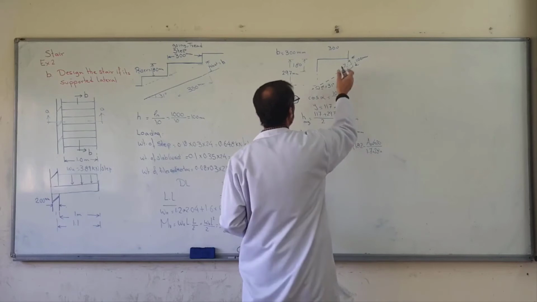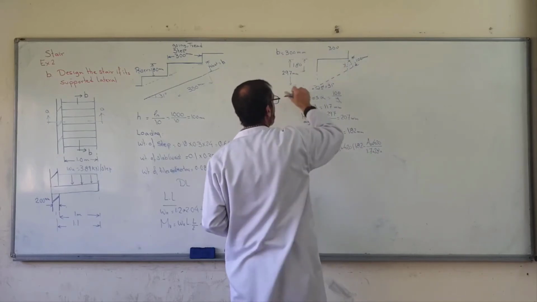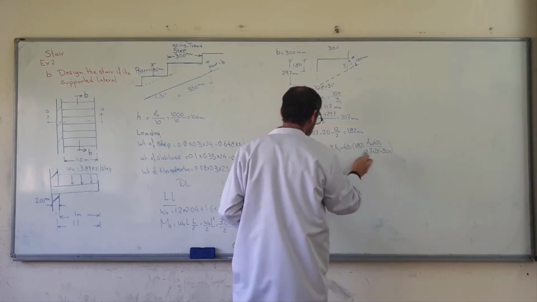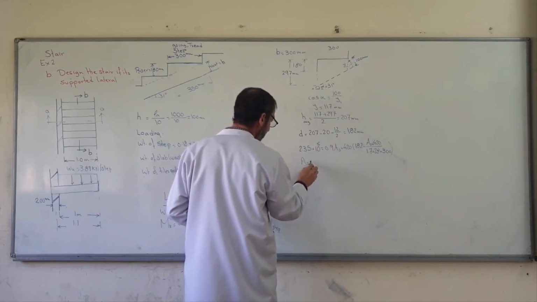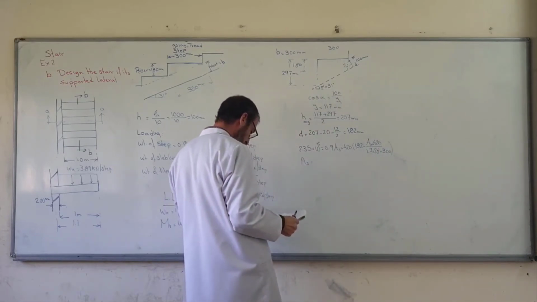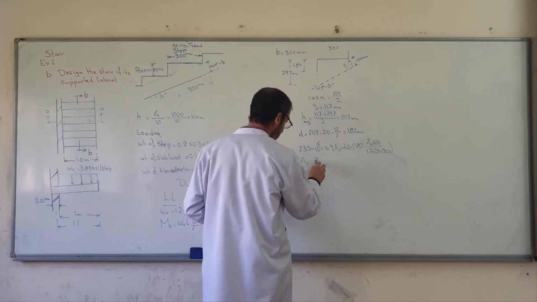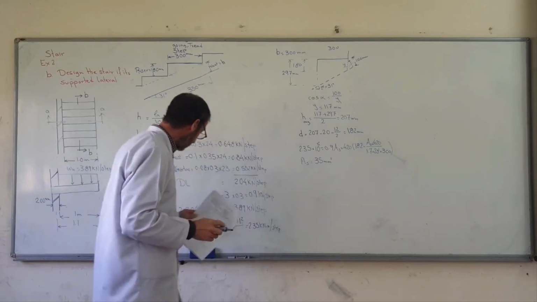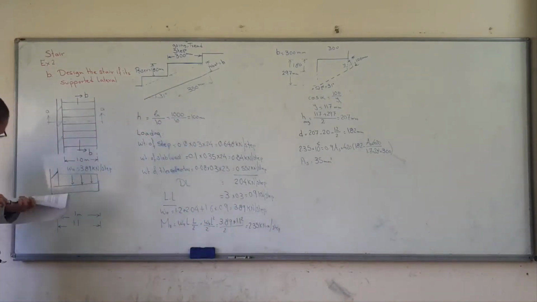The width here, B is equal to 300 millimeters. For the steps 300 millimeters. The only unknown in this equation is AS, we can find from second order, equal to 35 millimeter square. Here, this reinforcement occurs in this location.